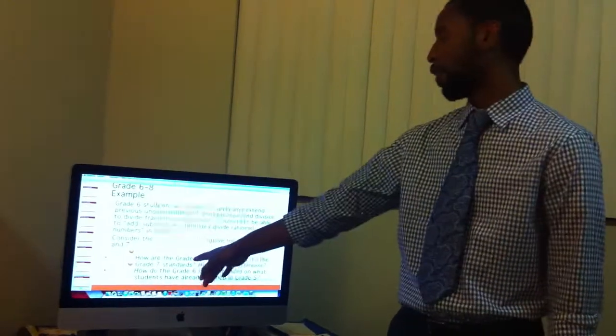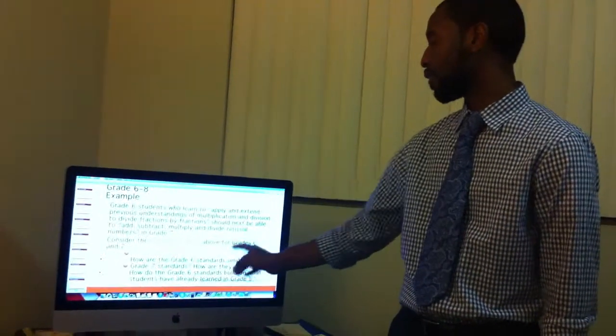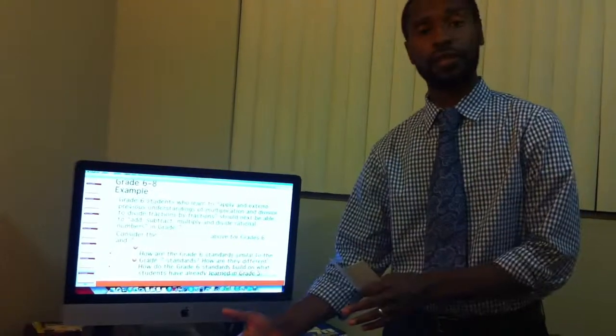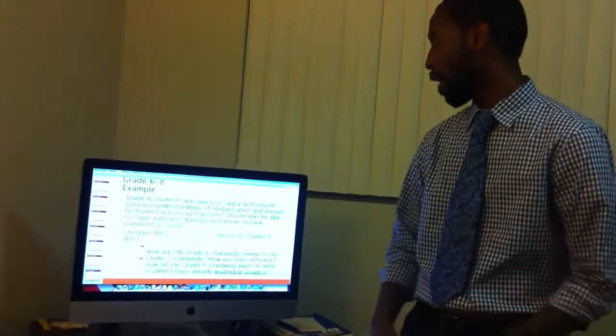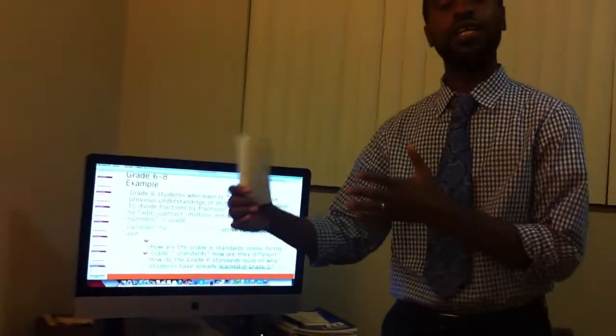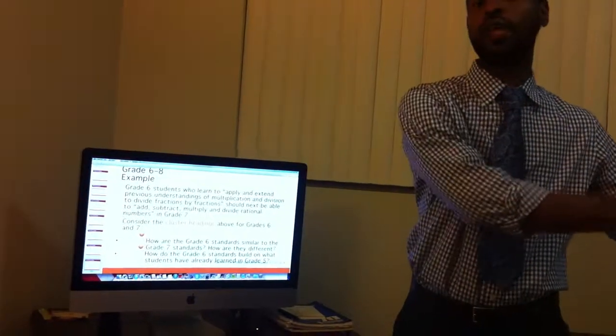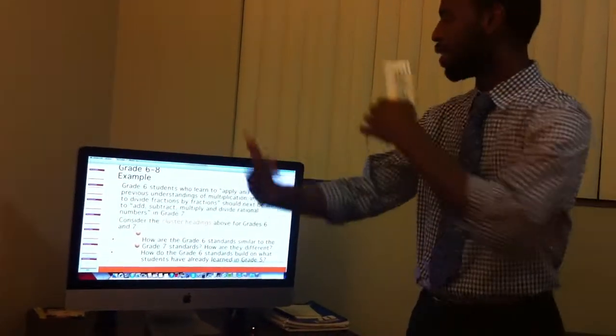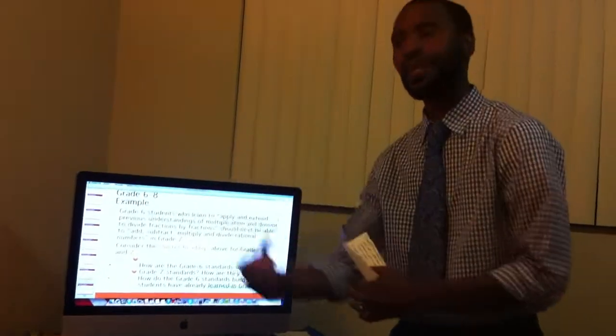And again, you're asking yourselves, how are the grade 6 standards similar to the grade 7 standards? And how are students building on what they have already learned from even grade level 5? You really are building upon what students have learned from the last level.